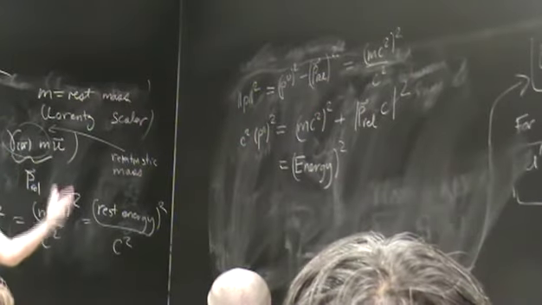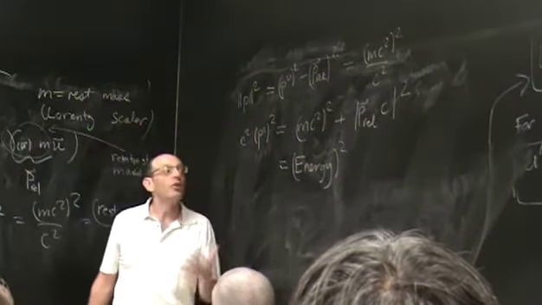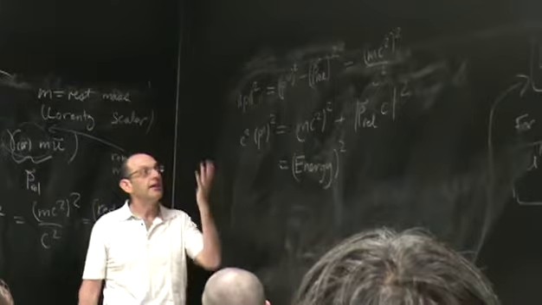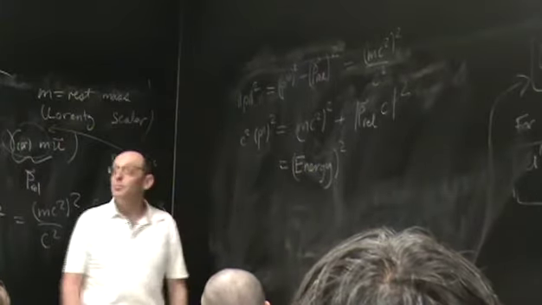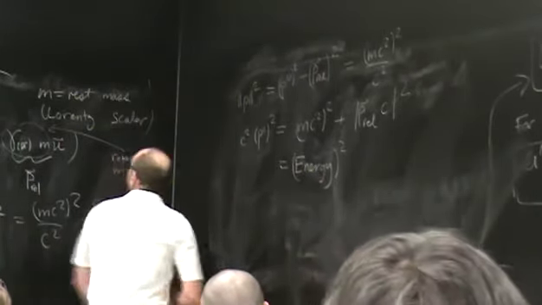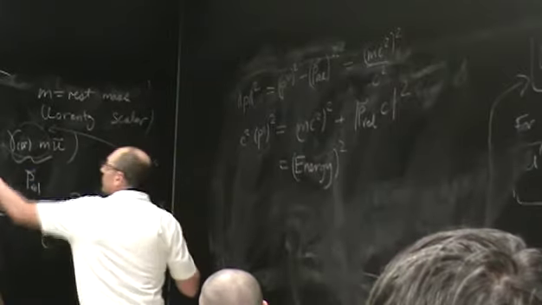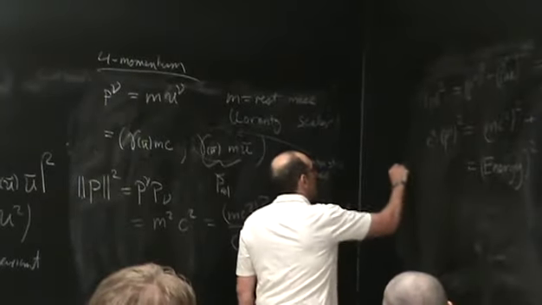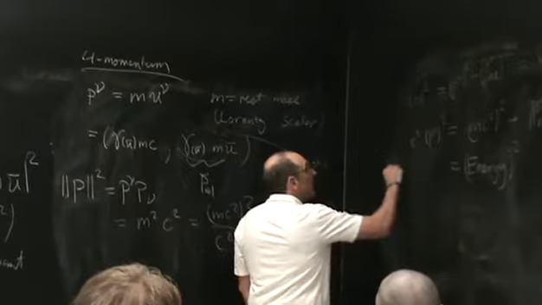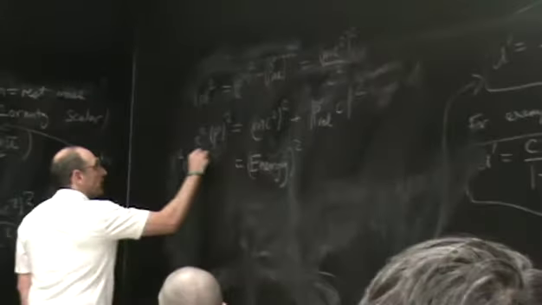So the energy of the particle is the rest energy squared and the motional energy squared. We can double check that this in fact makes sense by looking at the non-relativistic limit of this. So P0, we said over here, was equal to gamma m c, so this is gamma squared m squared c to the fourth.